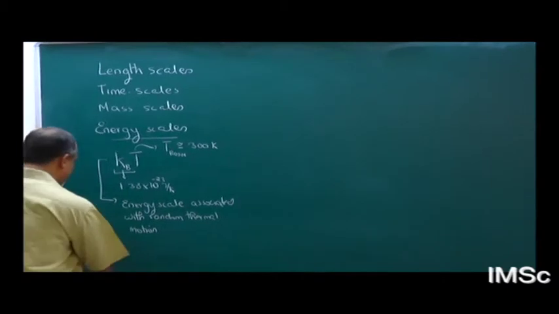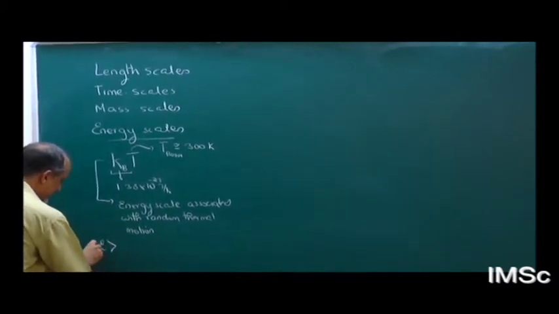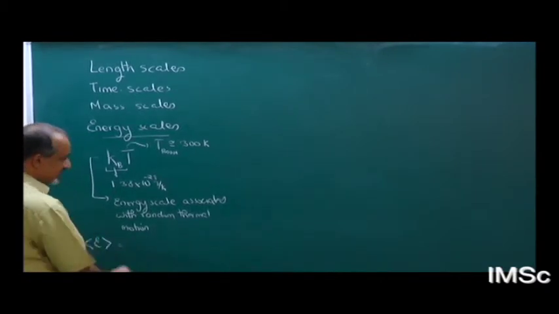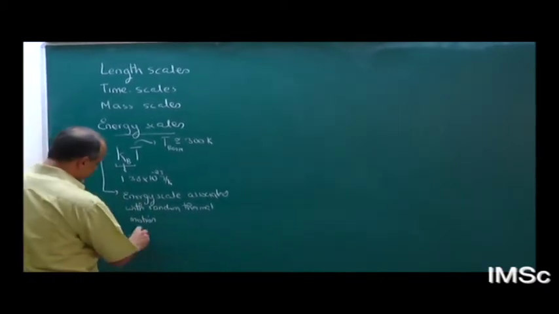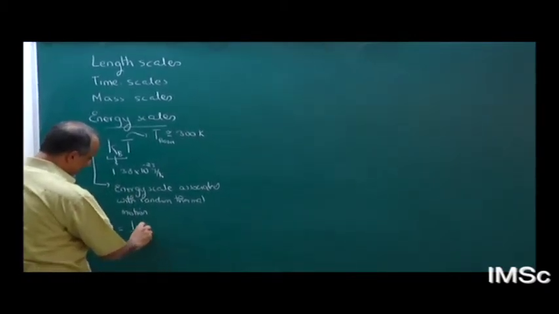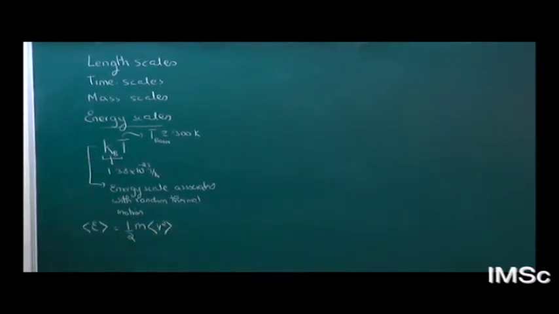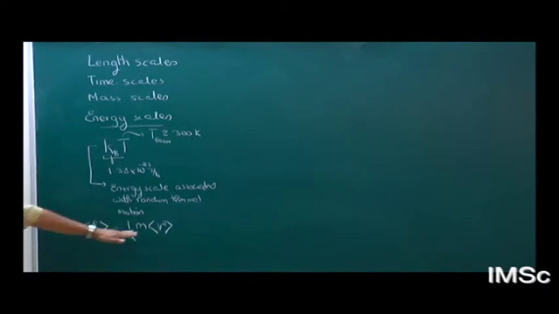For example, if you wanted to find out what is the average energy of something in thermal equilibrium, what we would say is that if the average energy is kinetic in character, this is 1/2 times the mass times the average value of v squared. Okay? Half m v squared is the kinetic energy, which you will remember.